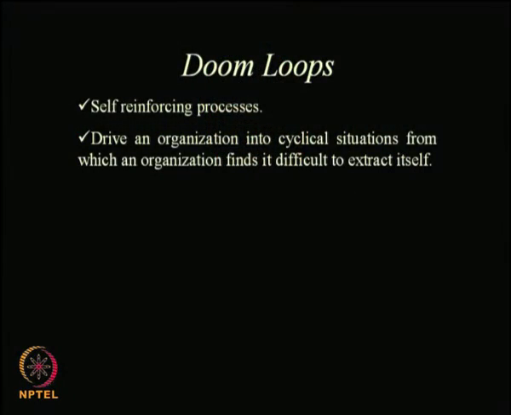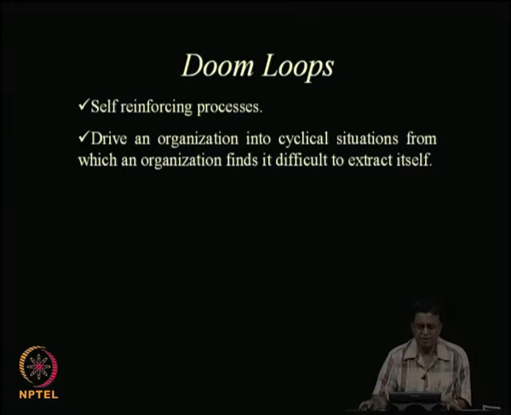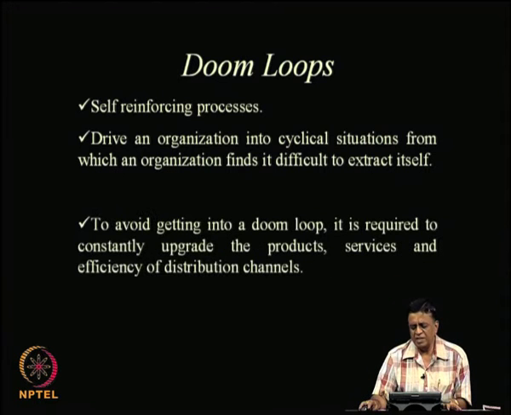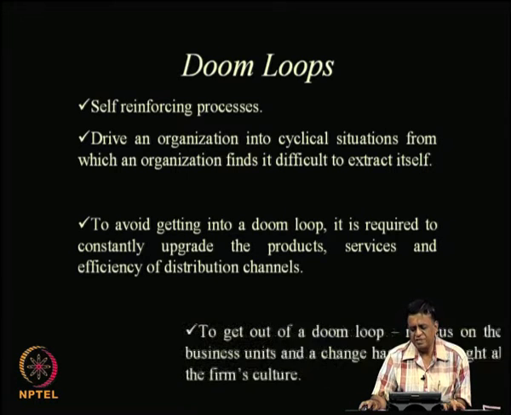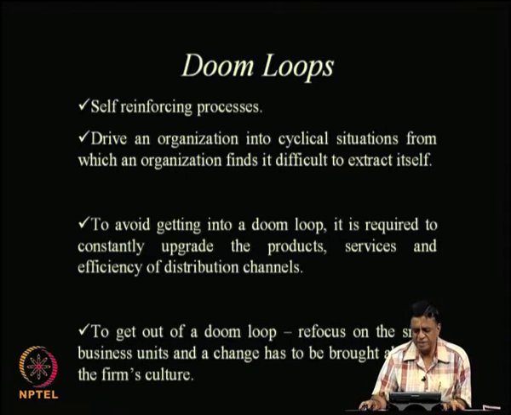This doom loop is a self reinforcing process. It can drive an organization into cyclical situations from which the organization finds it difficult to extract itself. What should the organization do to avoid getting into this doom loop?